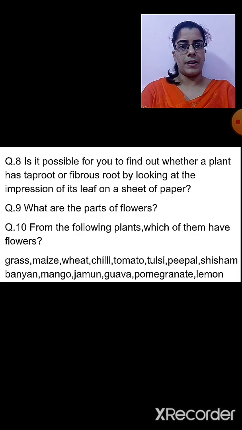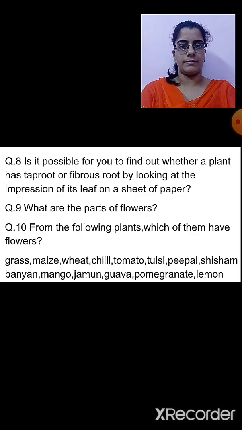Let's see question number 9. What are the parts of flowers? What are the different parts of flowers? The flower consists of sepals, petals, stamen and pistil. Question number 10. From the following plants, which of them have flowers? Given below are the names of the plants in which we have to see which plants have flowers and which do not.